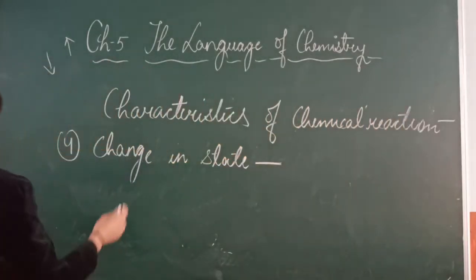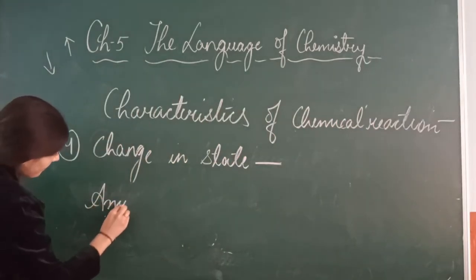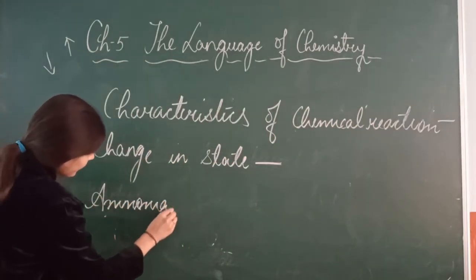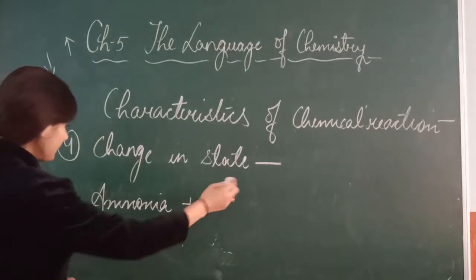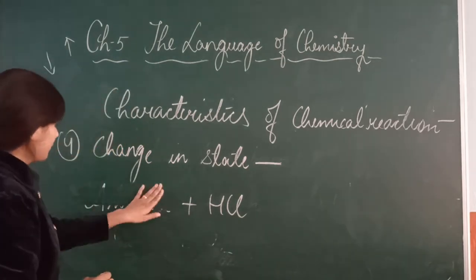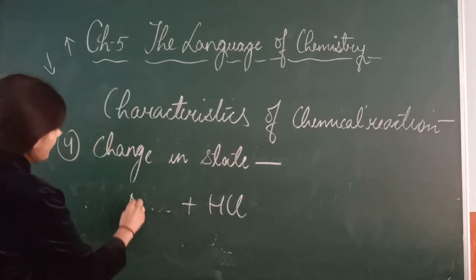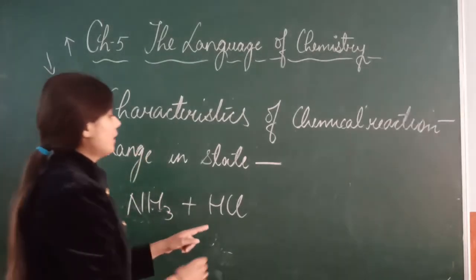Okay, when you react ammonia with hydrochloric acid, I will write here only HCl, and here ammonia, NH3. I am writing the formulas here; you can write in words also. So what will it give?